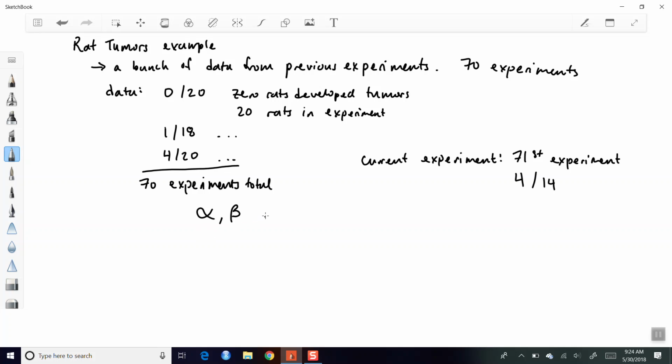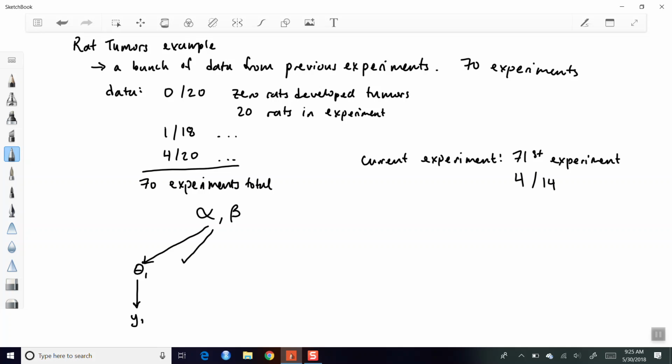And from the alpha and beta, we draw some value, theta 1, okay? And from theta 1, we generate the values for our first experiment, okay? So we get alpha and beta, and from alpha and beta we draw our first proportion, and then we flip the coins or whatever, and we get this, right?